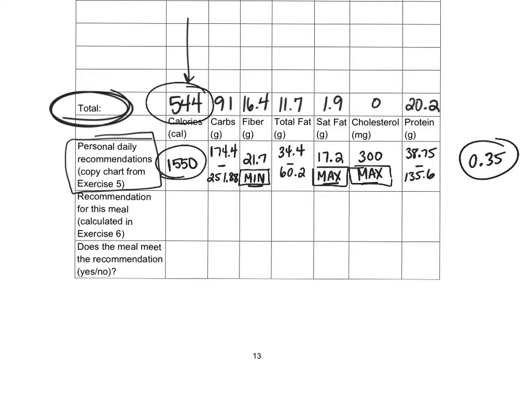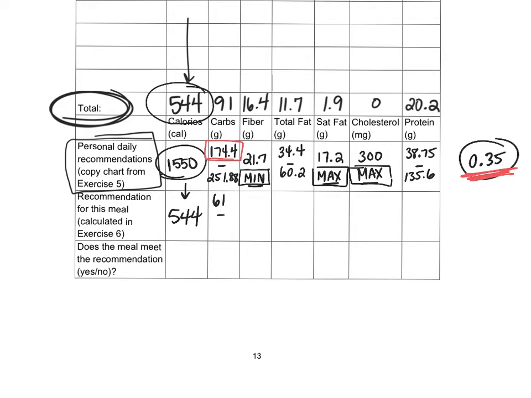So here, this is just going to be the calories I ate because that's my 35%, which of course is the same here, 35% of the 1550. So if I multiply this 174.4 times my 0.35, I'm going to get about 61 grams.